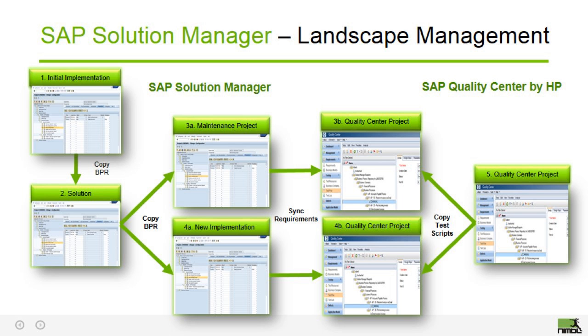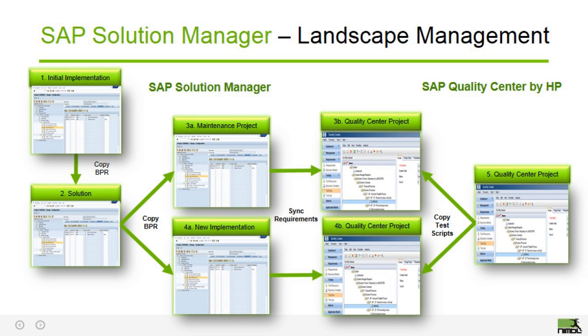That solution becomes your golden copy, golden repository of your business processes. From there, if you have regular maintenance release where you're going to make changes to your business processes, you can copy from a solution into a maintenance project, make the structural changes, document changes in there.